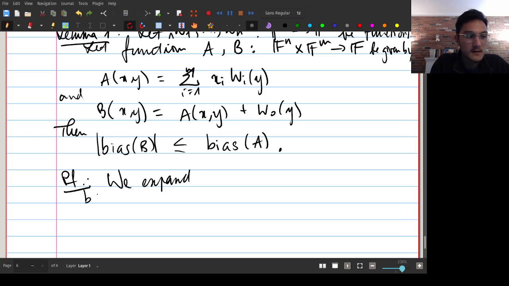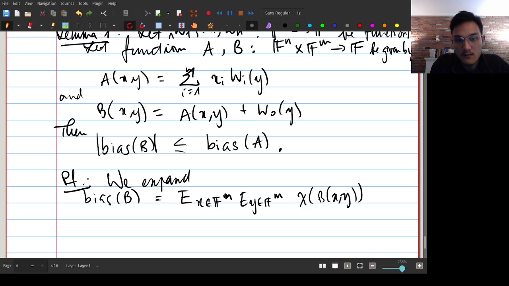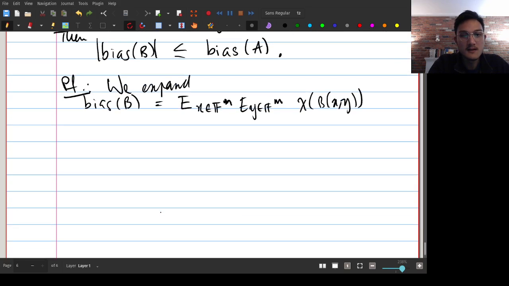We expand the bias of B. What is that? You take this average over x in F^n and y in F^m of chi of B(x, y). Nothing special yet, that's just the definition.